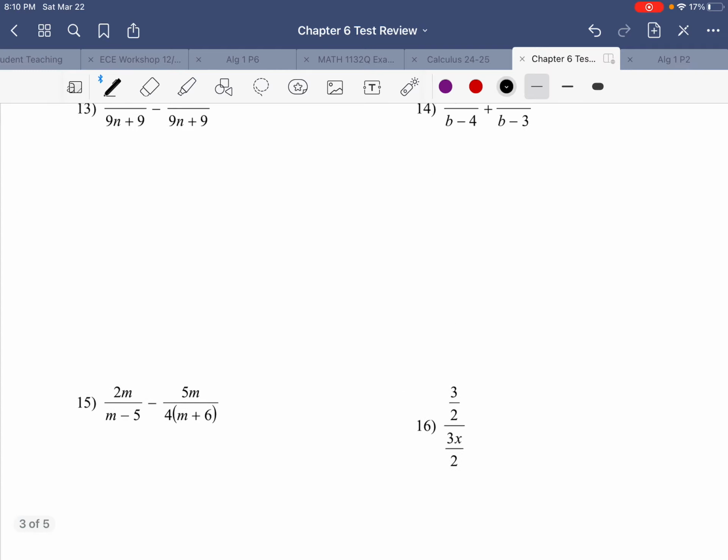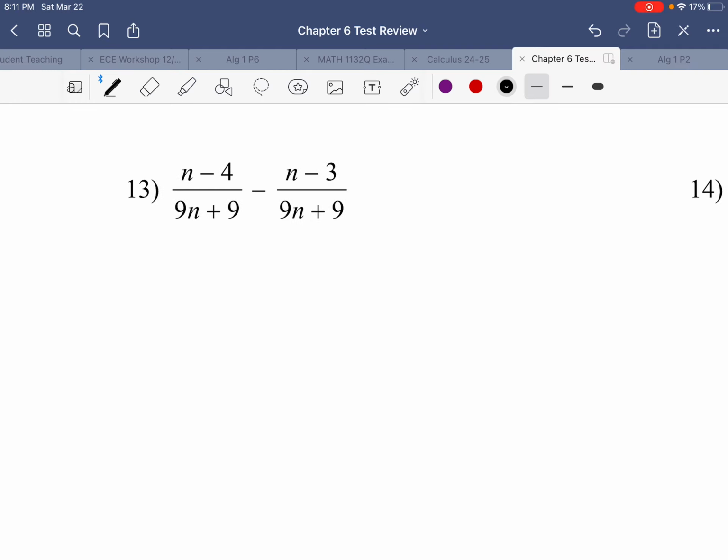For number 13, we have n minus 4 divided by 9n plus 9, and we're taking away n minus 3. When we have the common denominator, I know that my answer is going to be divided by 9n plus 9. When we're subtracting, we need to make sure that we're changing the sign for both the n and the n minus 3.